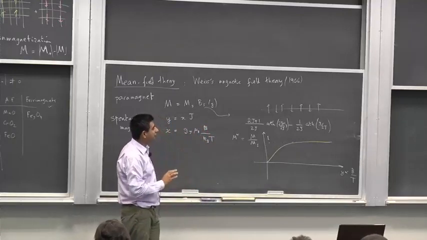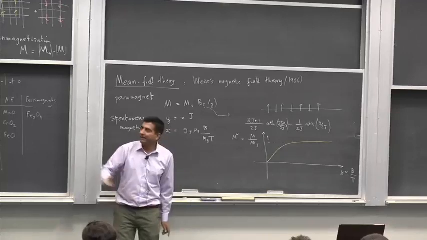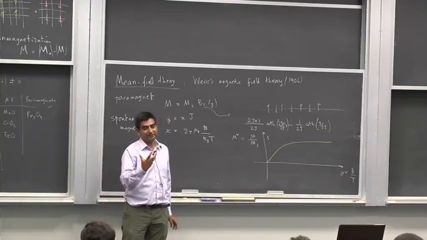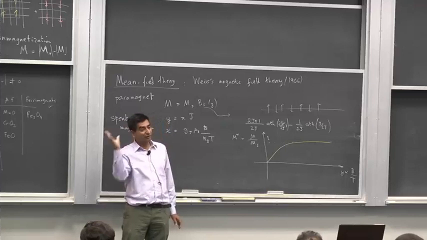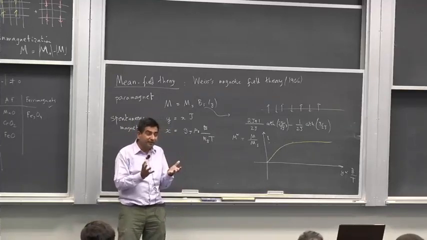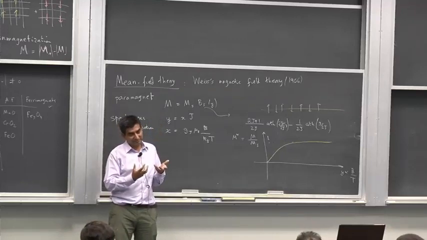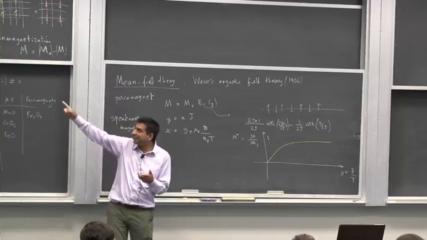Weiss's theory says, okay, if I have a paramagnet and I want to achieve that kind of state, I need some internal molecular field, some field which each spin is actually seeing. I don't know what the origin of that field is, but there is some fictitious field inside the solid which must exist for it to attain this kind of ordering.